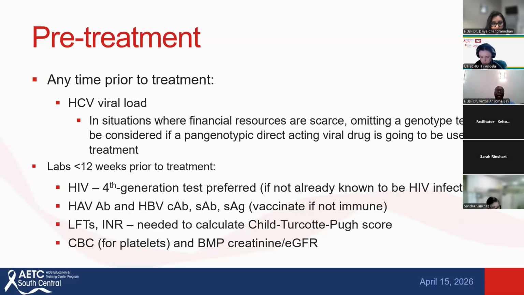You also want to start with other hepatitis antibodies, specifically to determine if they are immune, and if they're not immune, they would qualify for vaccination to prevent concomitant insults to the liver if they get additional hepatitis besides Hep C. You would also like to get an LFT and INR, which is necessary to calculate the Child-Turcotte-Pugh score, a CBC, BMP, creatinine, and GFR.